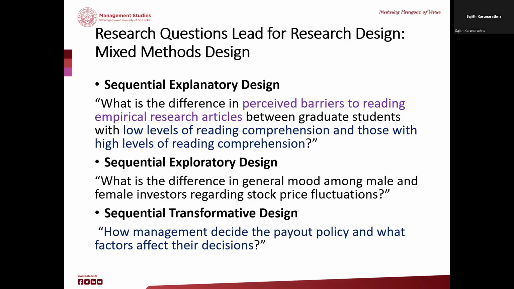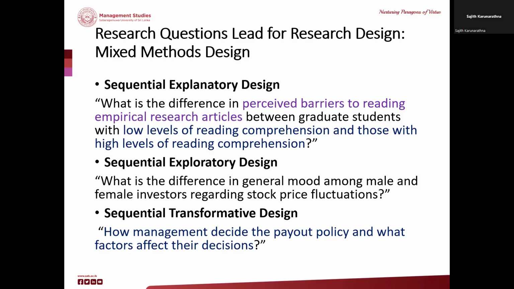What factors affect their decisions is a descriptively bounded quantitative question. What factors? Descriptive. So here, a descriptively and quantitatively bounded question is there, and a qualitatively bounded research question is there.